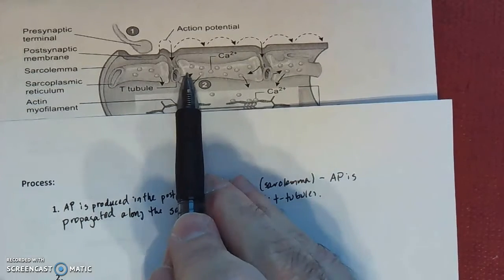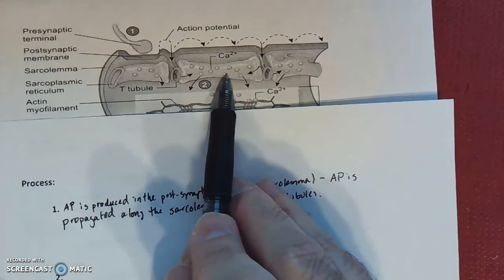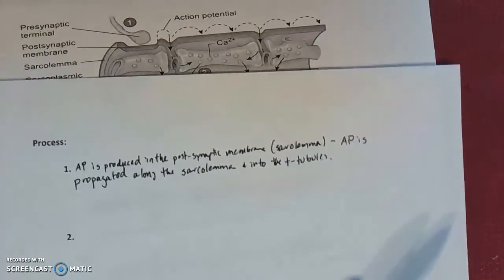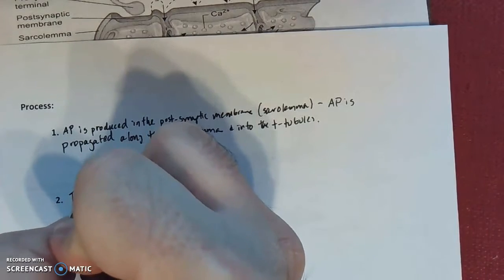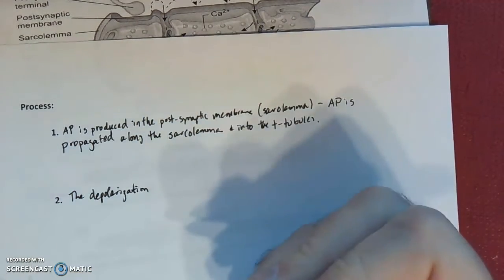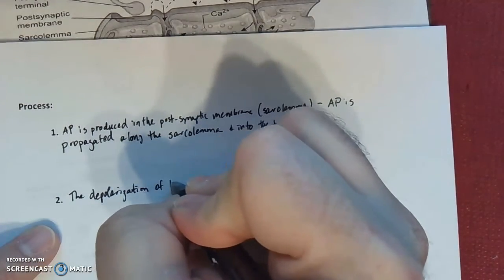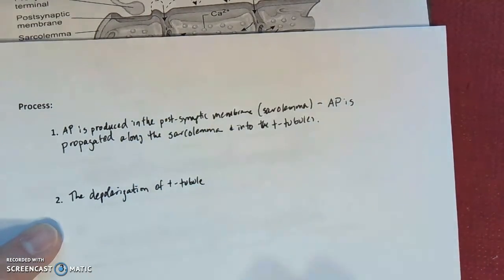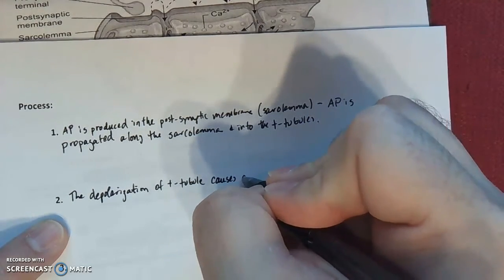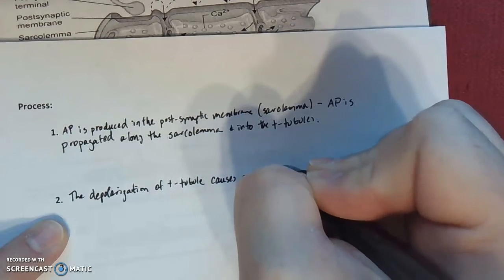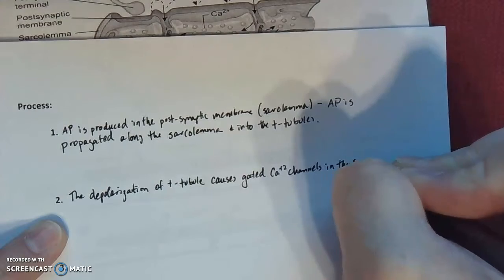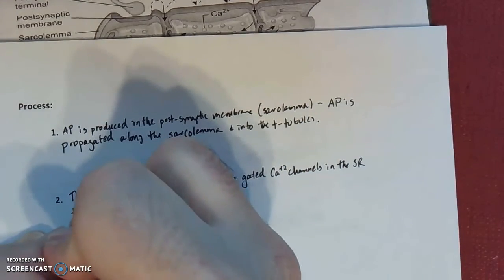So number two, we can see that inside of this sarcoplasmic reticulum, we have calcium ions that are stored. We mentioned that before. But the action potential is located in those T tubules. As they are being depolarized, the depolarization causes gated calcium channels in the sarcoplasmic reticulum to open.